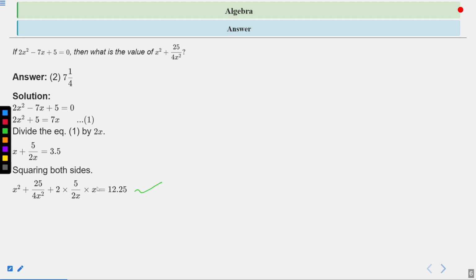Now we can clearly see that x will be cancelled out, 2 will be cancelled out. So we get x square plus 25 upon 4x square equals 7.25, because we subtract 5 from 12.25. And 7.25 written as a mixed fraction is 7 and 1 by 4. So the second is the correct answer of this question. Next one.